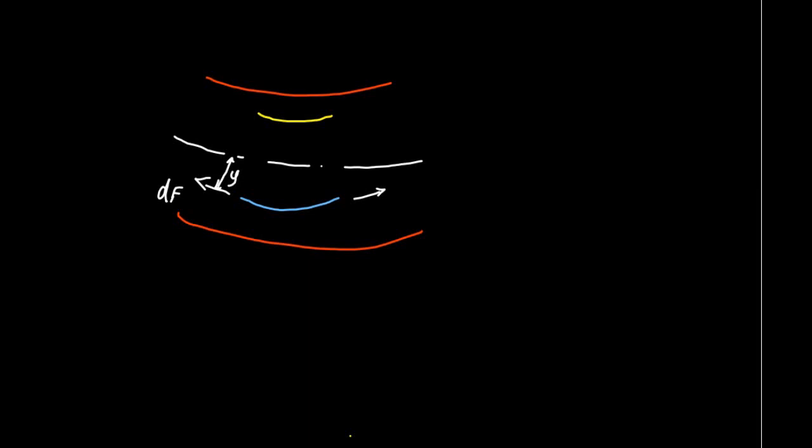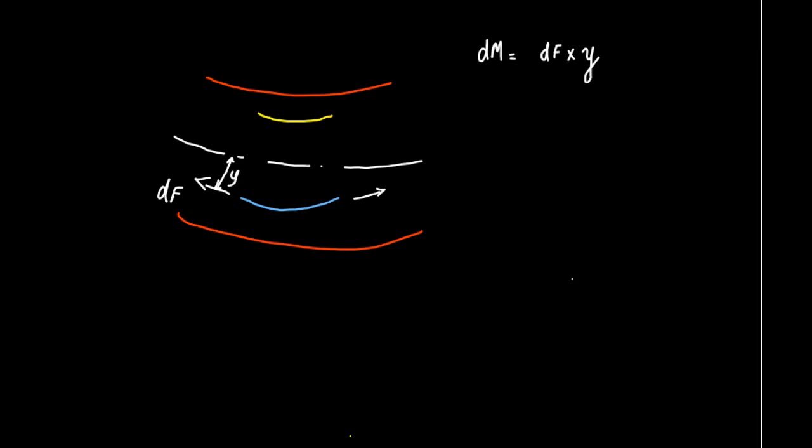So I'm going to define the small bending moment exerted by the blue layer, which is given by the magnitude of the force, dF, into the perpendicular distance y. So this is the small magnitude of the bending moment exerted by the small tensile force above the neutral axis.